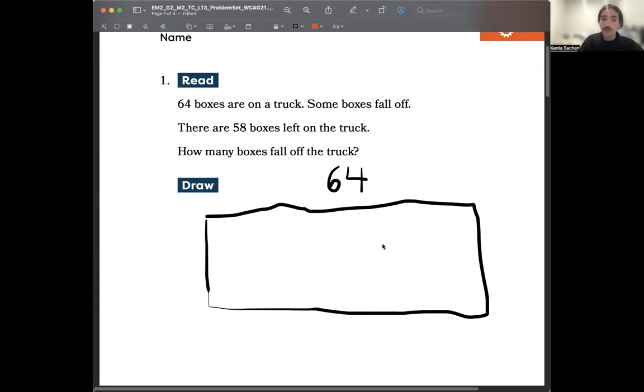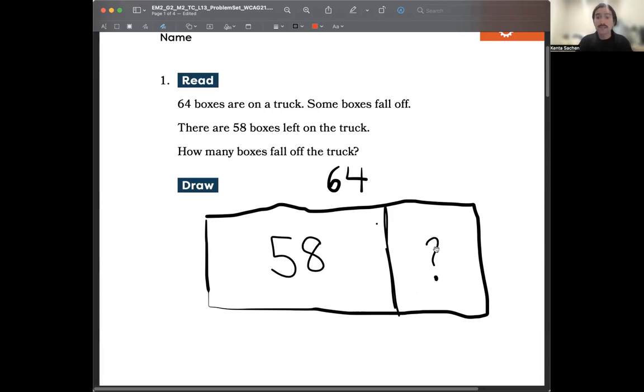Now, out of all these boxes, we know that some of them fell off. We don't know how many, though. I'm going to put a question mark there. We know that 58 boxes are still on the truck. So 58 plus the boxes that fell off equals 64.